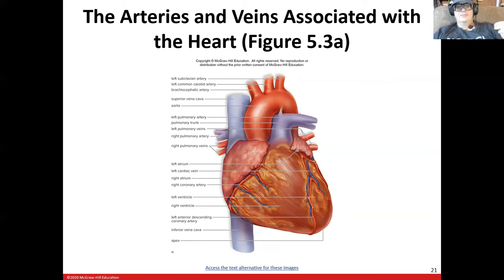Now, arteries and veins, the arteries are better named than the veins. The name of an artery tells you what it does. So for instance, we've got an artery here on the front that they're probably going to call the anterior interventricular artery. Love that name. Anterior, it's on the front.